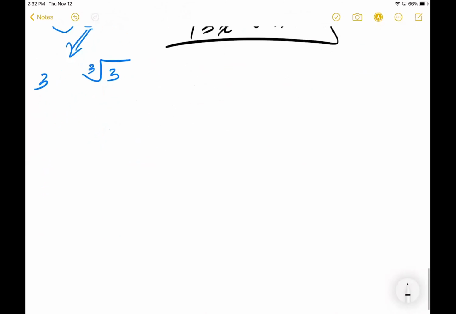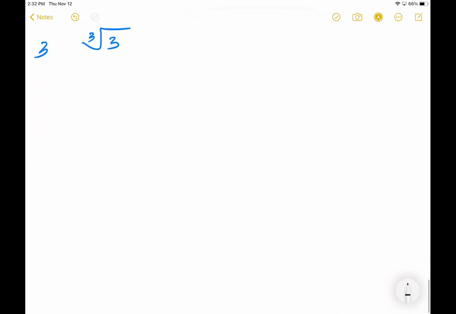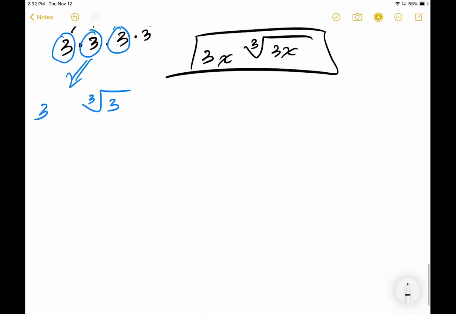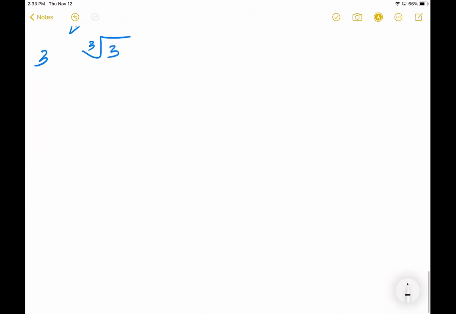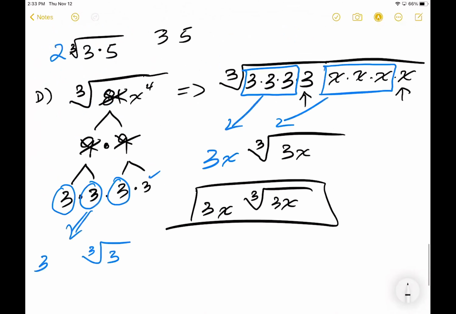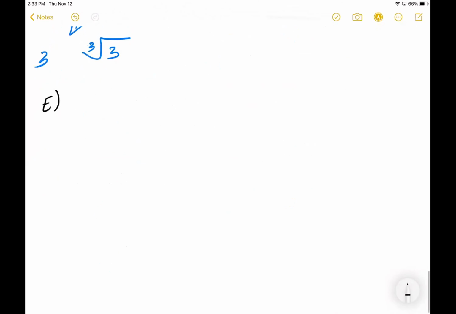So let's try this item here. Let's try E here. Let's say the cube root, and again, cube root of 32 x to the 7 y to the 11. Okay. So this is the challenge for a lot of students.